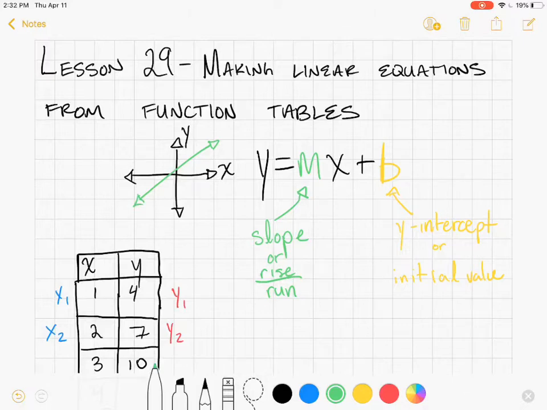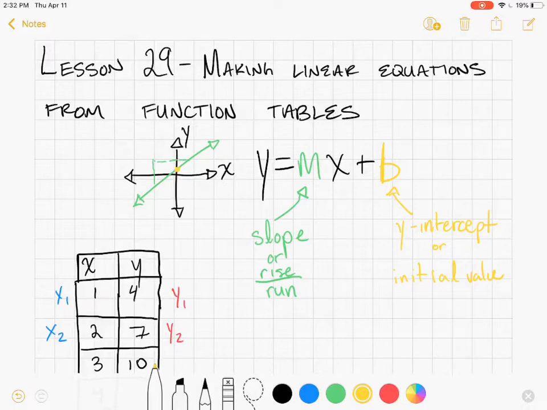And so your slope is going to be how fast does your line rise versus how far does it run. And your y-intercept, or your initial value, is going to be the spot where it crosses the y-axis.